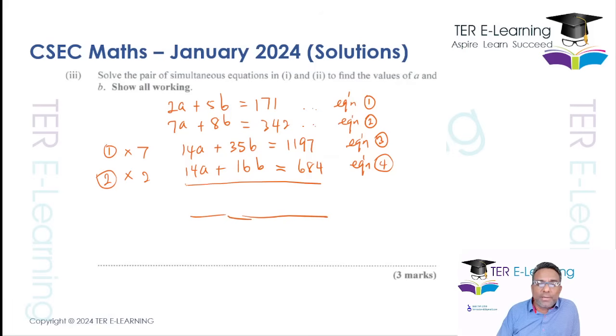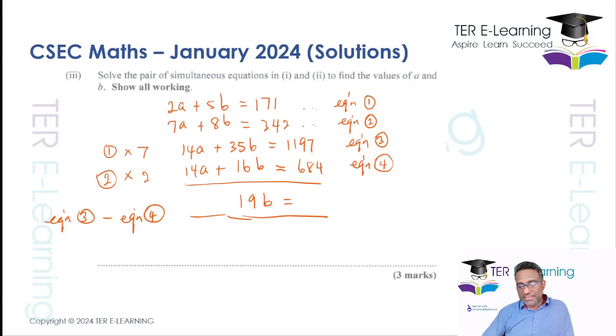So 14A minus 14A, you're going to get 0. 35 minus 16, you're going to get 19. So this is going to be 19B is equal to, so what I'm doing here, I'm taking my third equation, that's equation 3 minus equation 4.